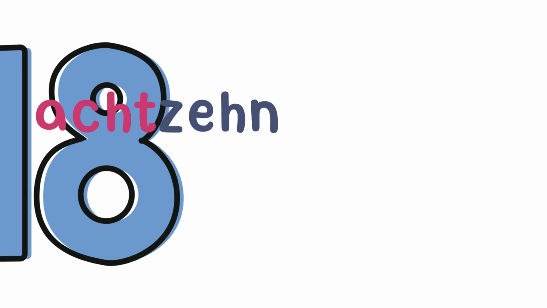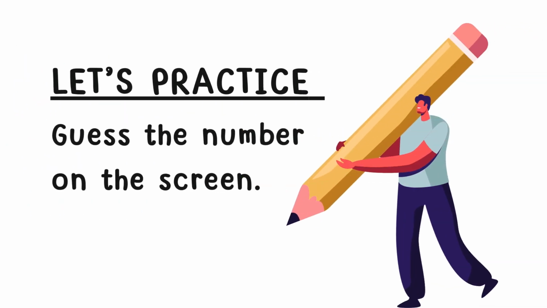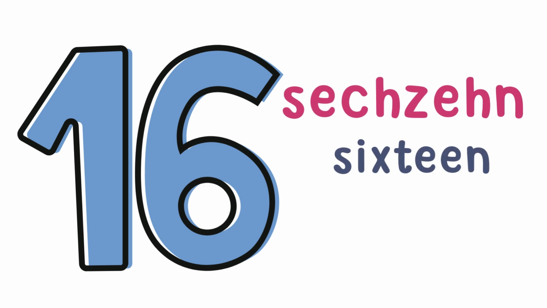Let's play the guessing game again to really tattoo these numbers in our minds. You know the drill. Guess the number displayed on the screen. Here is the first one. Richtig. 16. The next one is richtig. 11.